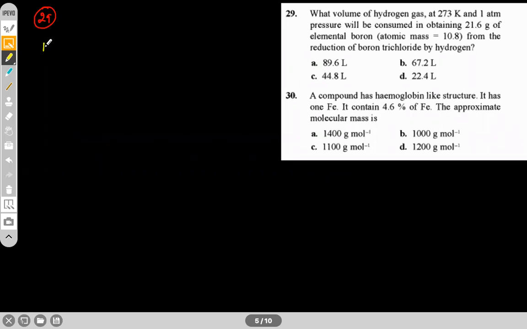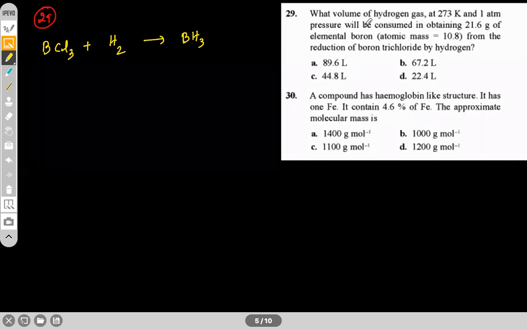So the reaction is what? We have the reaction of BCl3 and hydrogen, which gives elemental boron B and HCl.